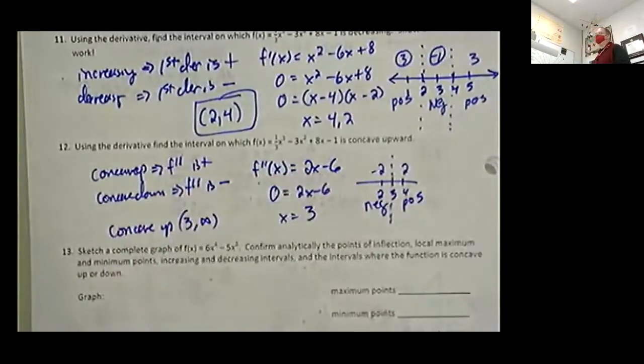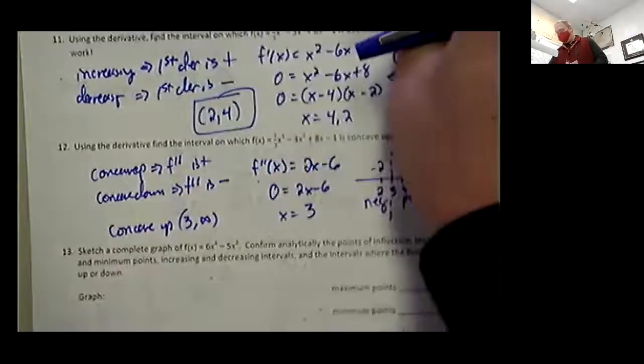Good. Where are we concave down? Good job. Therefore, what happened at 3? Point of inflection separates concavity. Good job. That takes us to 13.